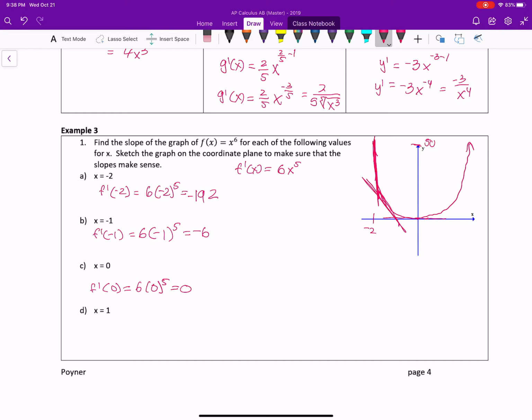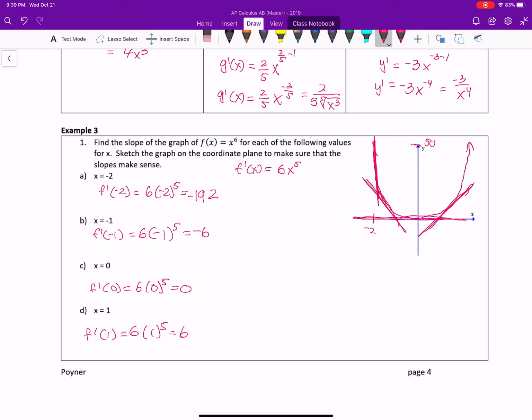That would be a horizontal one there, and f prime at 1 would be 6 times 1 to the 5th, which is 6. That's over here, which makes sense. It's a symmetrical figure, so that means the slopes would also be symmetrical in terms of one being positive and one being negative, but still having that same absolute value of the slope.